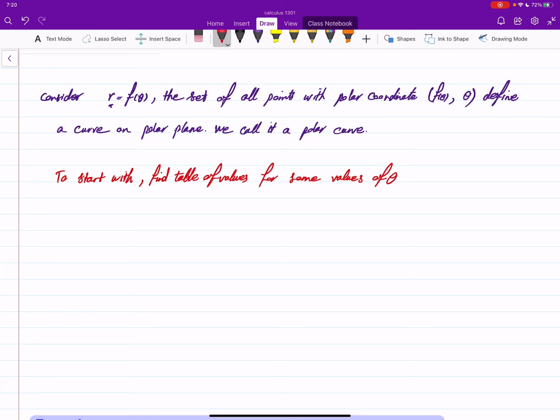So basically you sketch a table and you plug in different values of theta, like, the first one you can start from 0, then pi over 6, then pi over 4, and for each one you will get f at that angle. These basically tell you the points on the ray theta equal to 0, pi over 6, and so on.